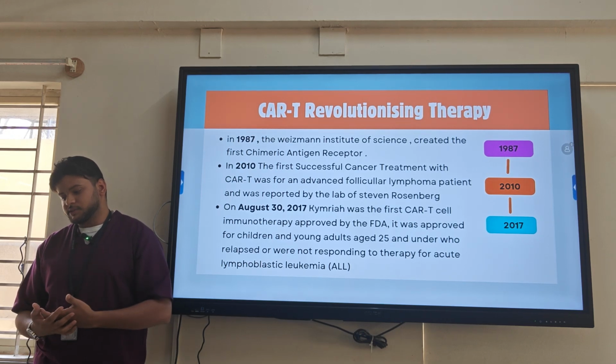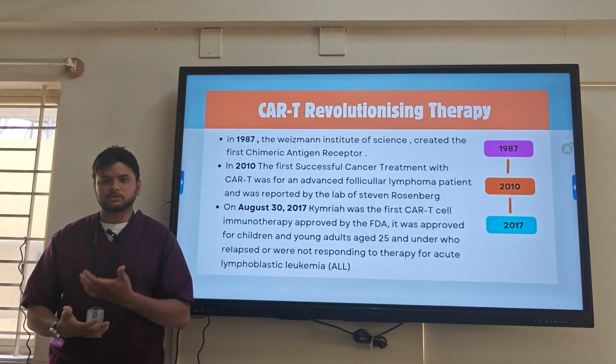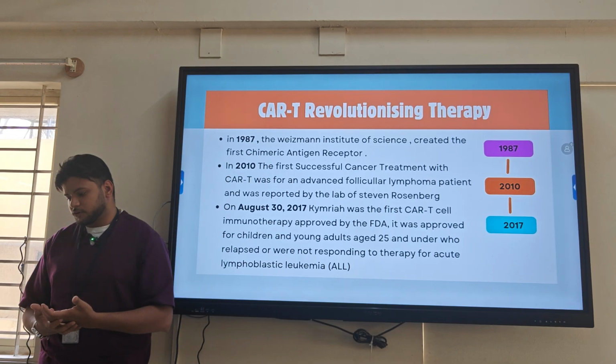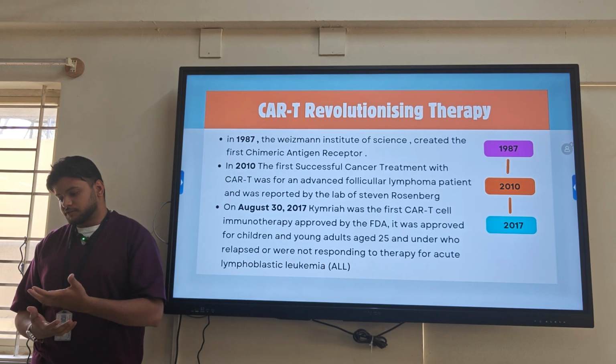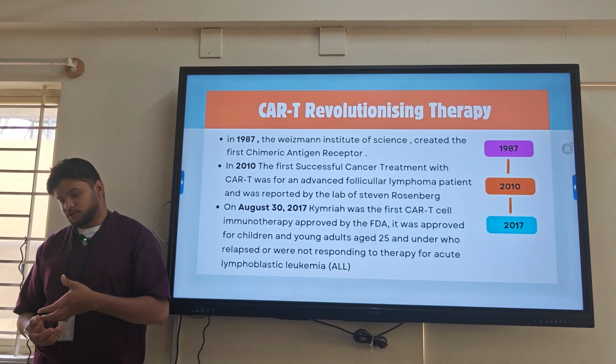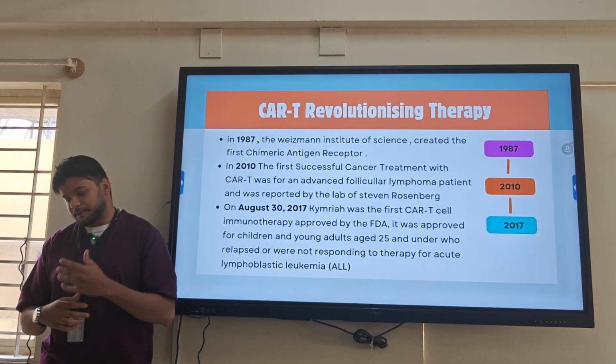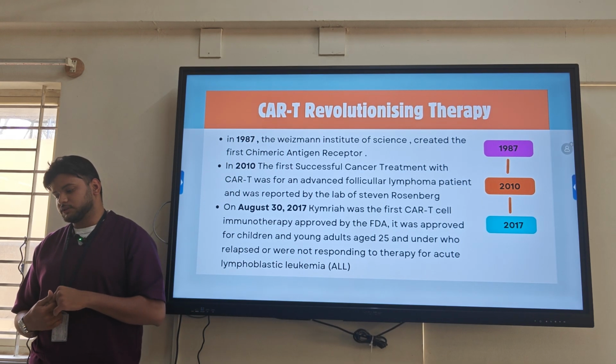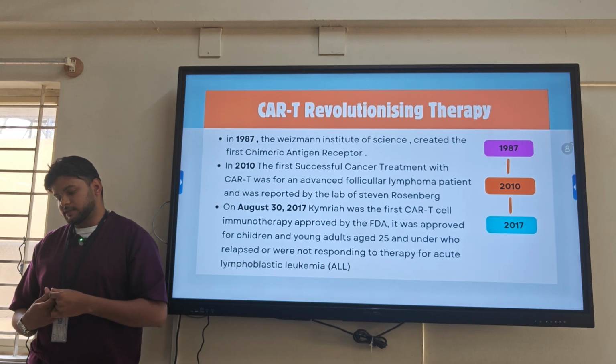Coming to 2017, a drug was approved by the FDA. The drug name was Kymriah, the first CAR T cell immunotherapy approved by the FDA. It was approved for children and young adults aged 25 and under who relapsed or were not responding to therapy for acute lymphoblastic leukemia.